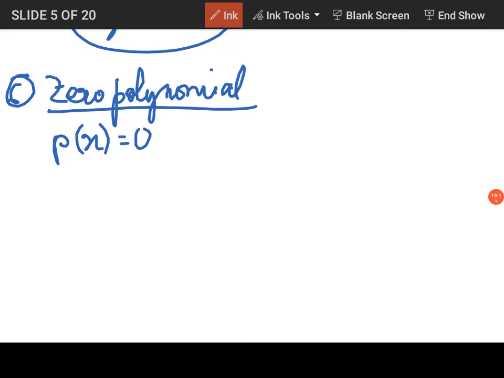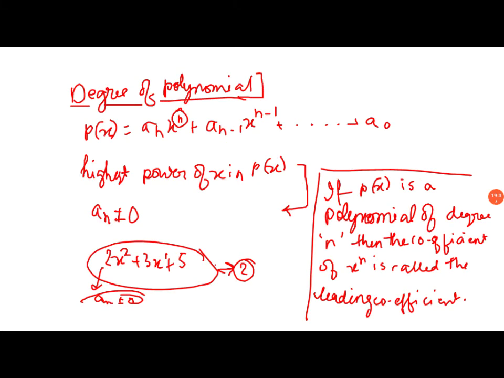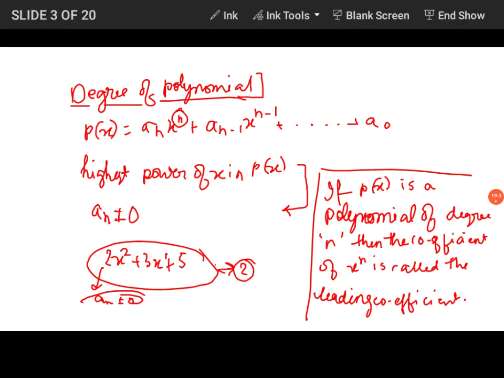Why is it undefined? Because 0 multiplied by x raised to the power 0 also remains 0. So why can't we say that the degree of the zero polynomial is 0? Because while defining the degree of a polynomial, we talked about a condition that a_n cannot be 0. If it is 0, we cannot define the degree of that polynomial.